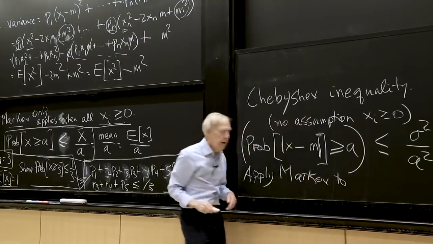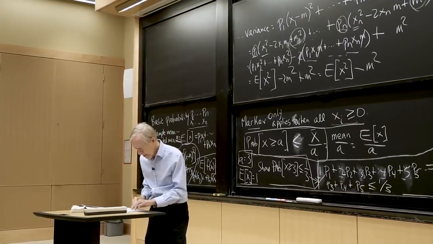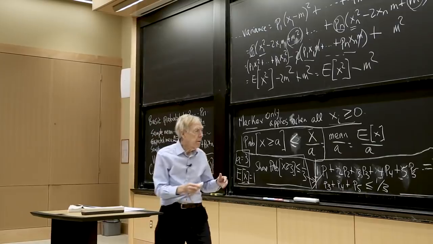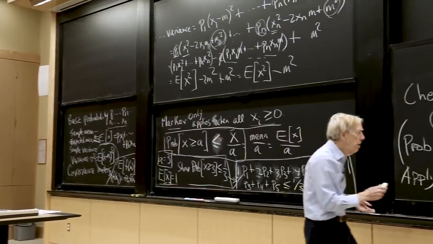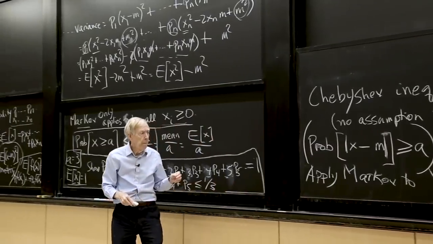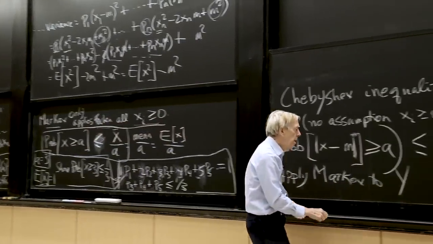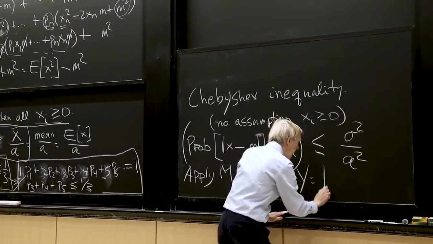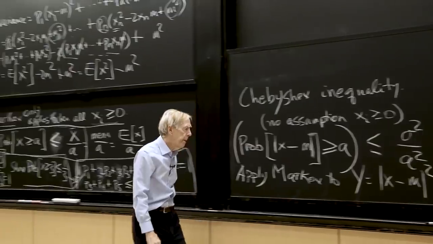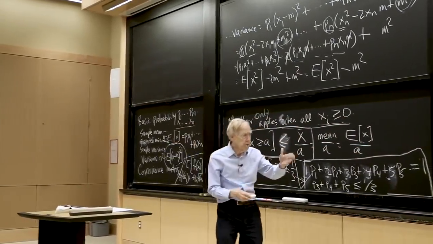Now, let me just say this right, to a new, let me call it Y. This will be a new output, and it will be x minus m squared, of course with the same probability.